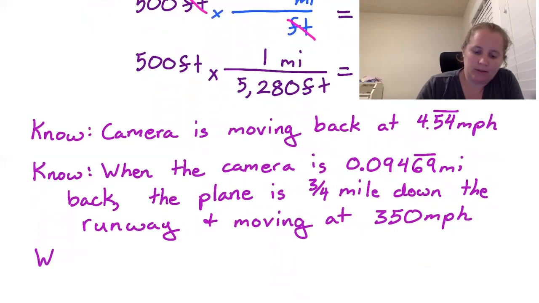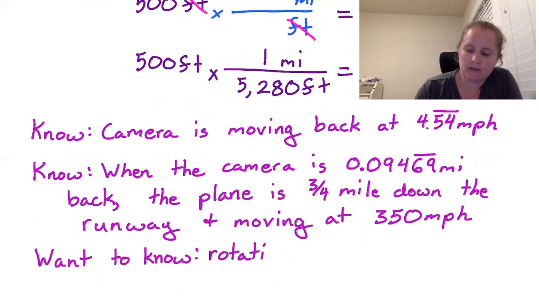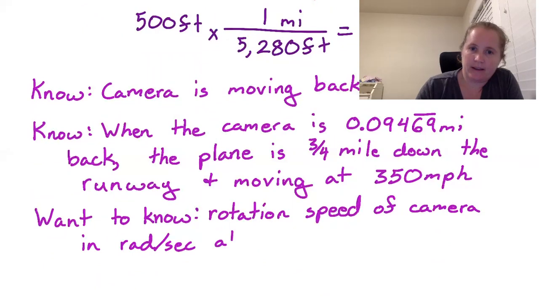And then we want to know how fast this angle is changing. So the rotation speed of the camera in radians per second at that time.